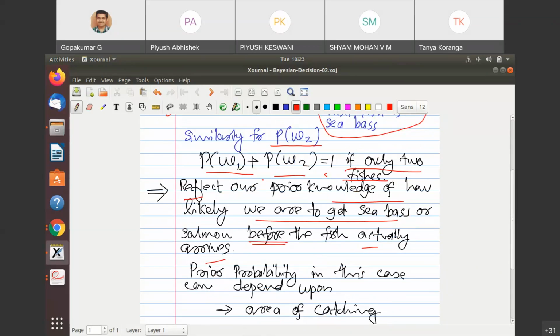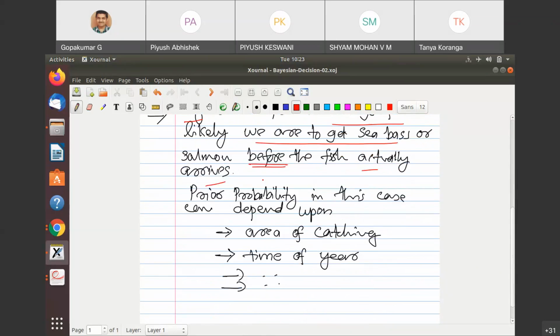Now, how can the prior probability vary in this particular case? For example, the area of catching can give you a probability value, and so can the time of year. All these are situations or contexts that give different values of prior probability for P of W1 and P of W2.